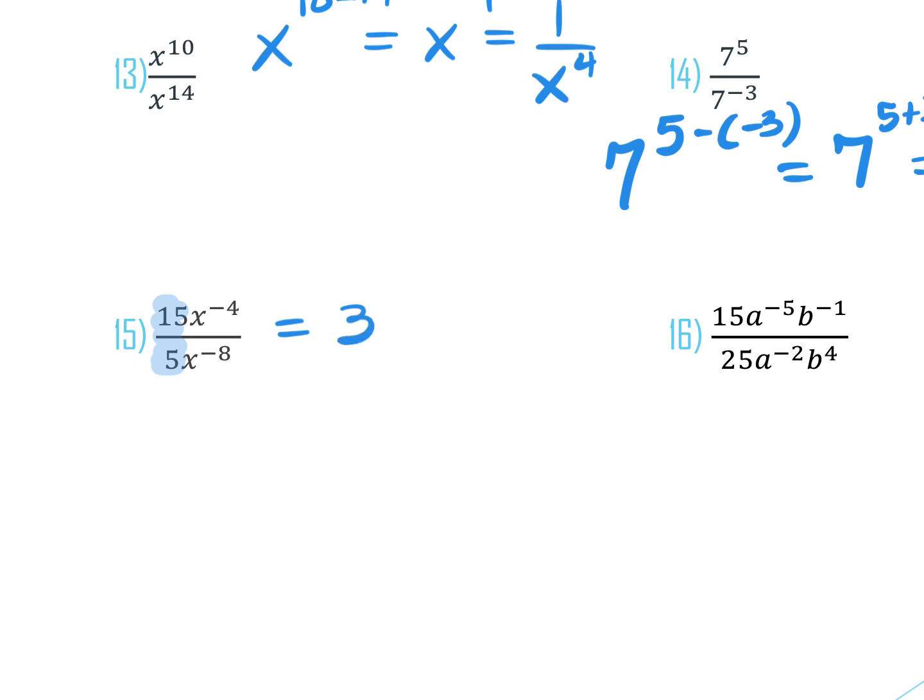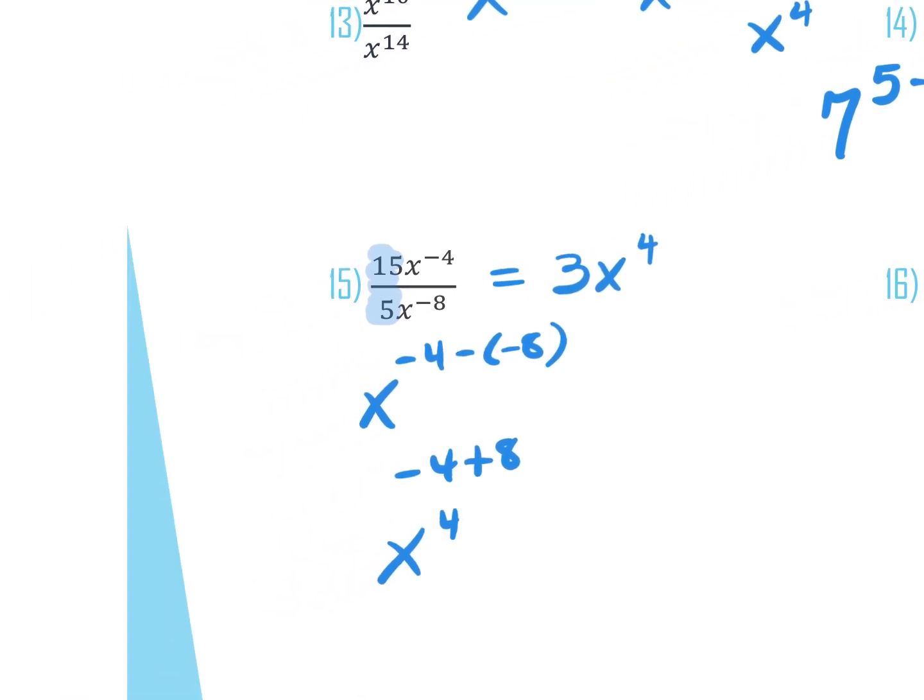And then I'm going to take the x, negative 4 minus negative 8, and again, keep, change, flip it, and this will give you x to the 4th. Because after you subtracted, you got a positive exponent, it just gets written as a whole number. It's not in the fraction.